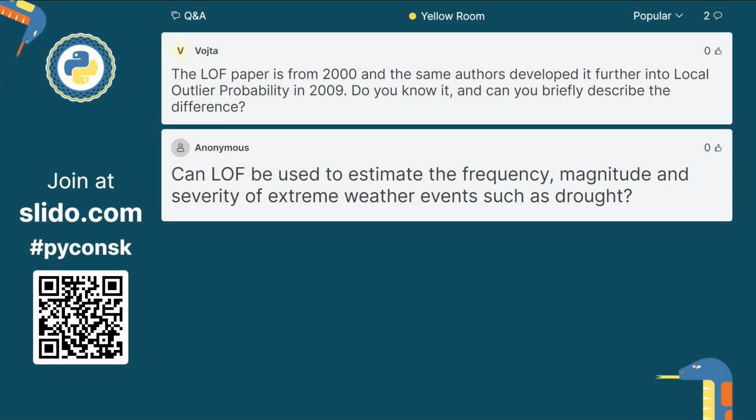Oh, okay. The paper, not sure which paper, the one that you showed probably, is from 2000, and the same authors developed it further into local outlier probability in 2009. Do you know it? I heard about it a little bit, but I haven't tried it yet. LOF was enough for the use cases which we used it for, and LOP, honestly, I didn't have enough time even to try it.